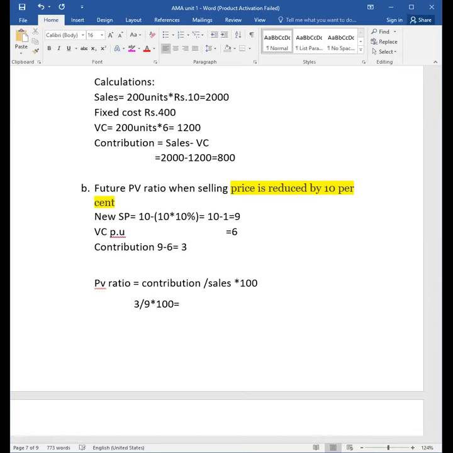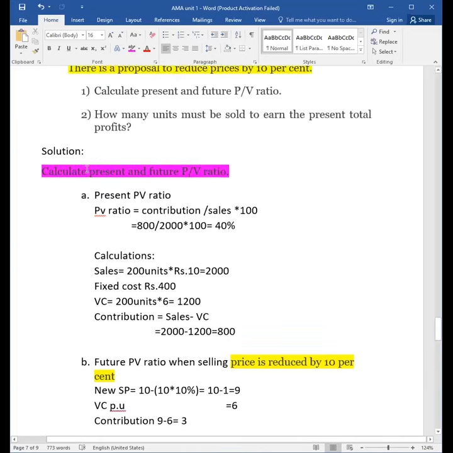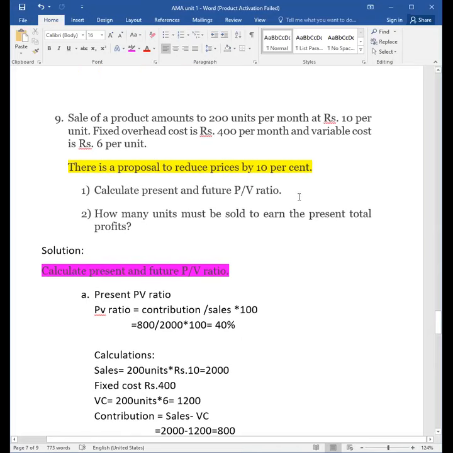That is 33.33%, which means 33 1/3%. So we have finished with the calculation of the present and future PV ratio.